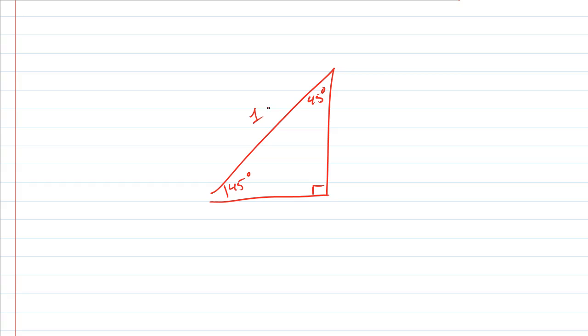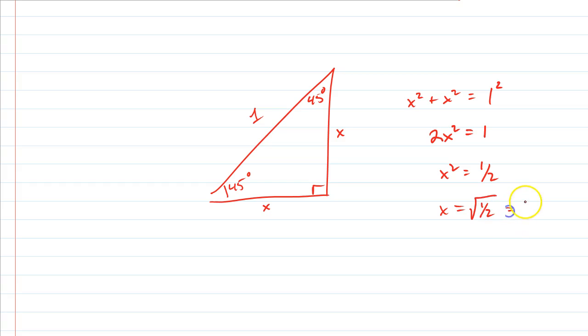And if you just think about this triangle, this side has to be the same as this side. Okay, and that makes sense because it's 45 degrees. Now we're going to do x squared plus x squared equals 1 and use Pythagorean to figure out what x is. I can combine like terms here. That's the trickiest part. X squared plus x squared is 2x squared. Divide by 2, and then I have to square root.